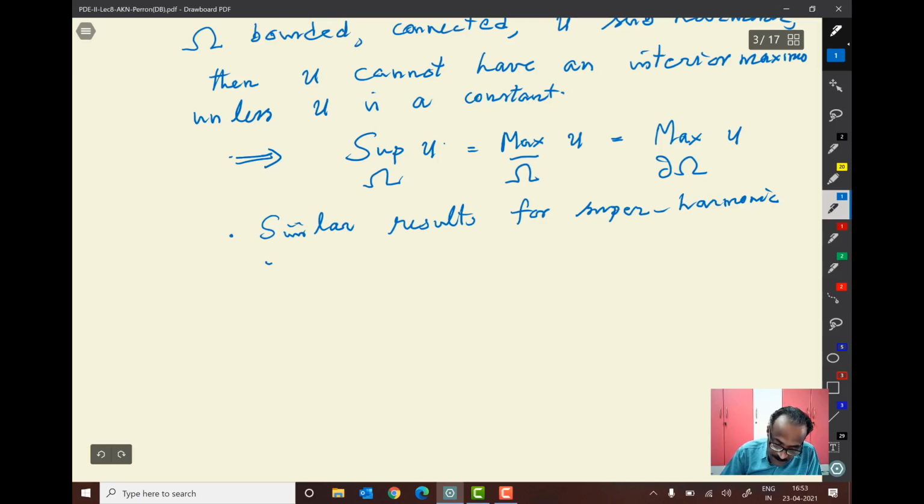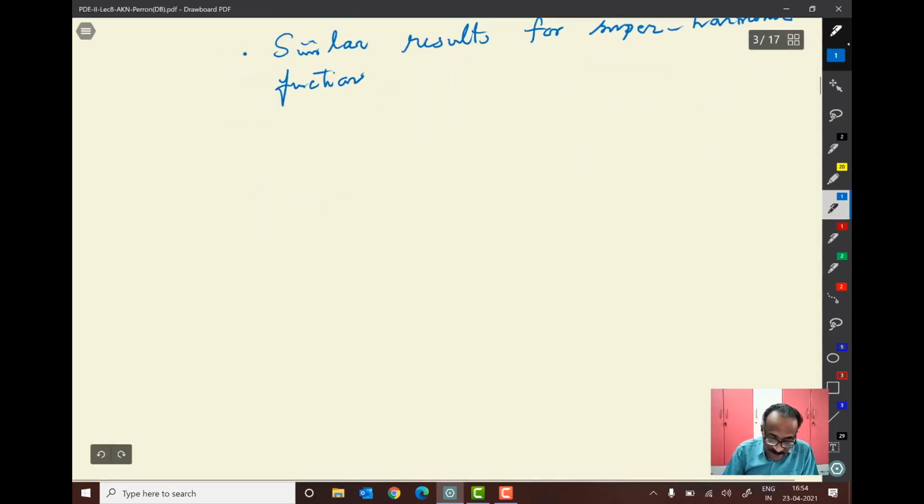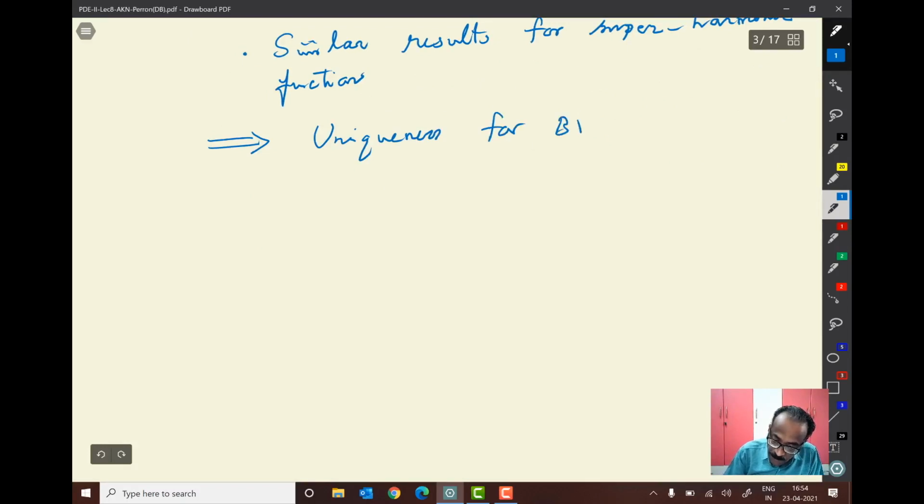And if u happens to be harmonic, it cannot have an interior maximum and it cannot have an interior minimum, and the minimum and maximum are attained on the boundary. Using this we have immediately proved uniqueness of our boundary value problem, which we proved in the last class.